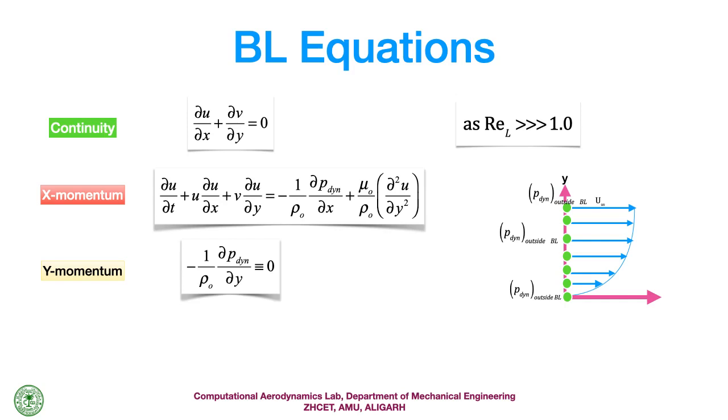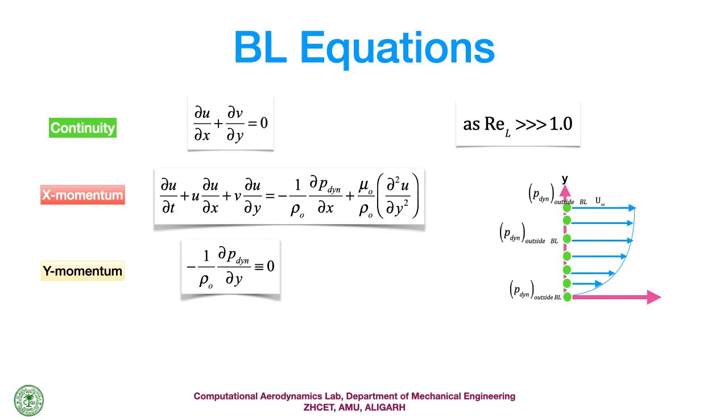The x momentum equation has a change: the viscous term doesn't have ∂²u/∂x². And the y momentum has the most change, where you can safely say that ∂p dynamic over ∂y becomes equal to 0. Now, what is the implication of this pressure gradient becoming 0?